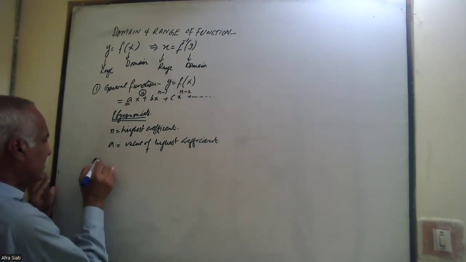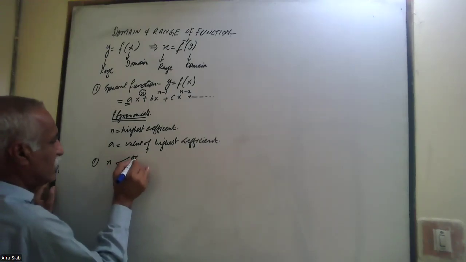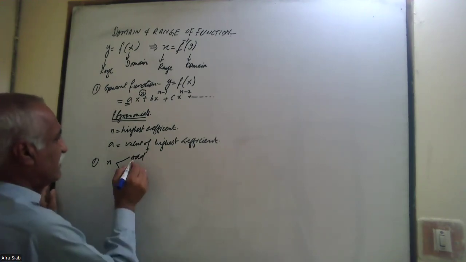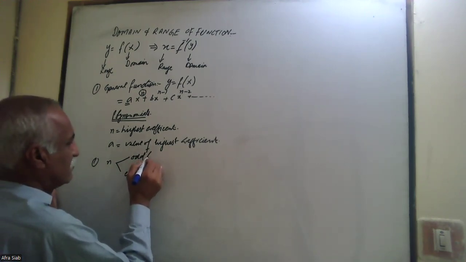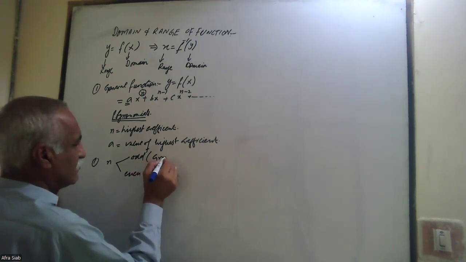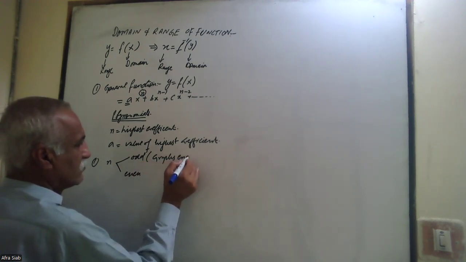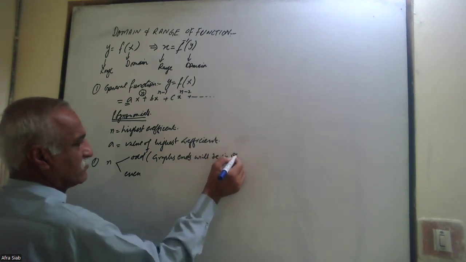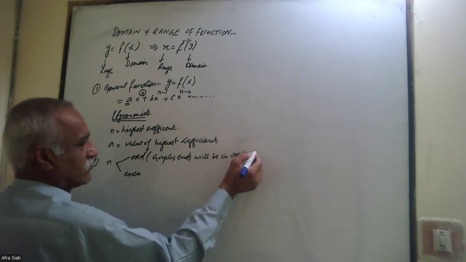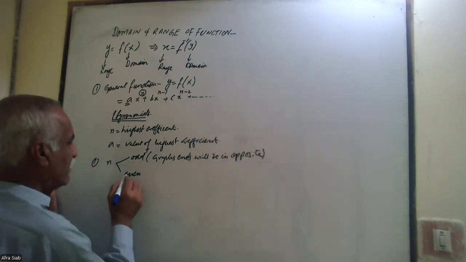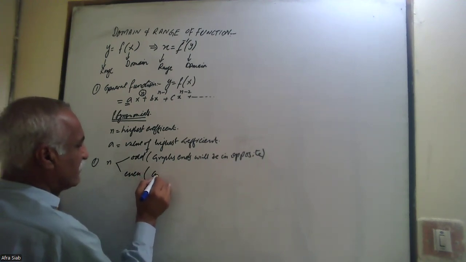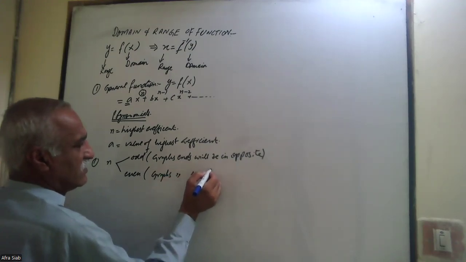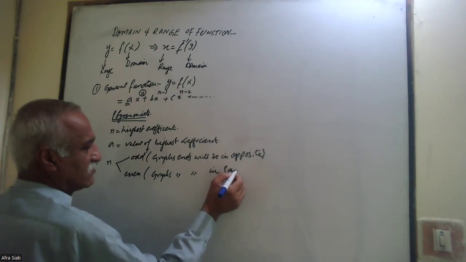The first part is that n can be either odd or even. If it is odd, then the graph's ends will be in opposite directions. And if it is even, then the graph's ends are in the same direction.